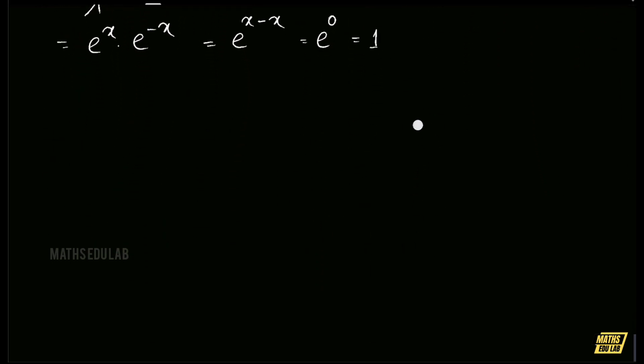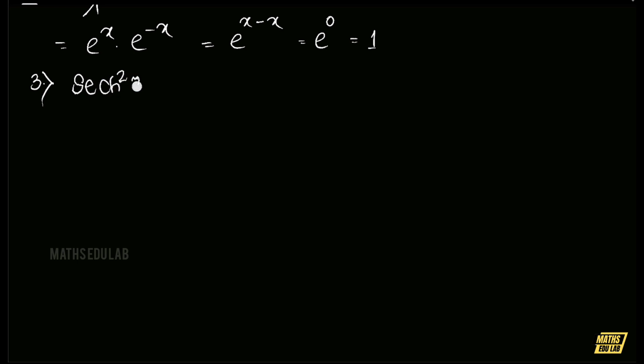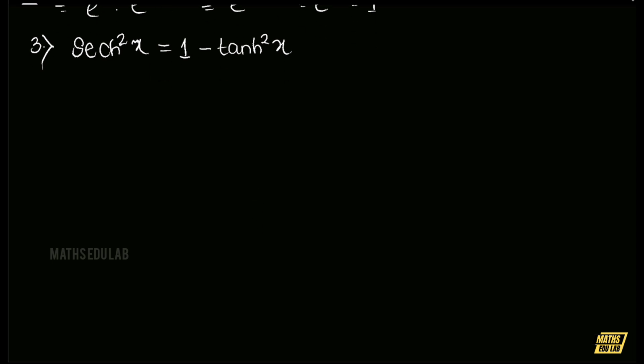Now we will go for the next formula, that is a similar one: sech hyperbolic square x, which is equal to 1 minus tanh hyperbolic square x. Now I can write this formula in two forms, that is sech hyperbolic square x plus tanh hyperbolic square x is equal to 1.